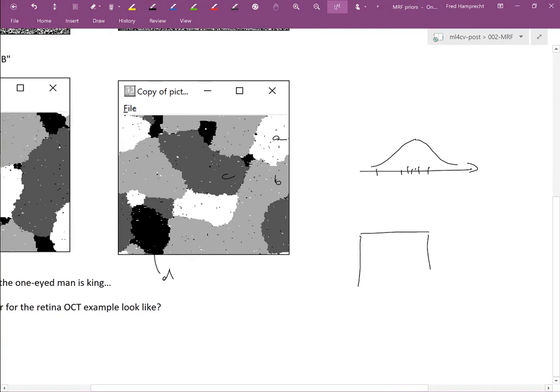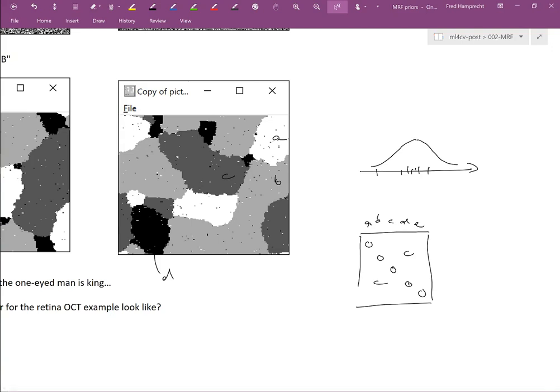So if we have the classes A, B, C, D, E, there is 0 penalty if A is a neighbor of A, and then there is a constant penalty, let me write C, everywhere else, if one class is next to the other.